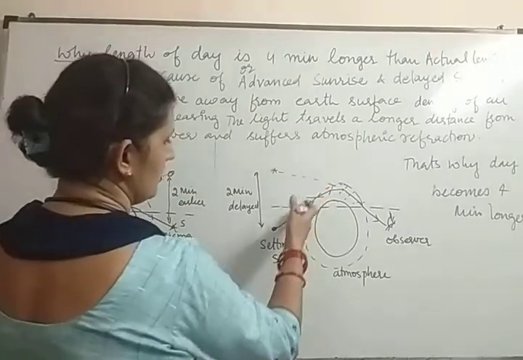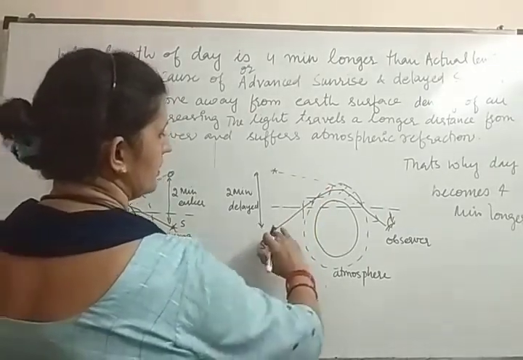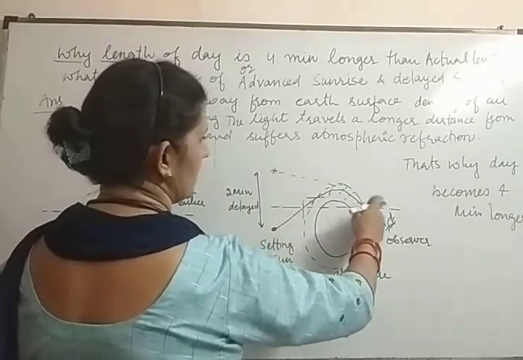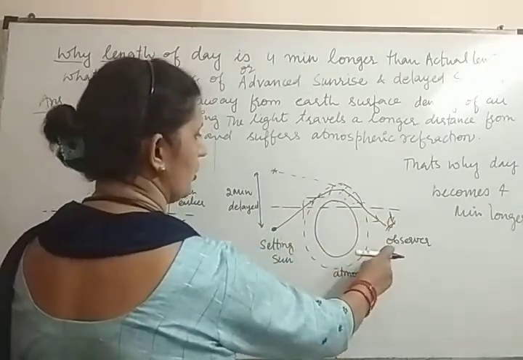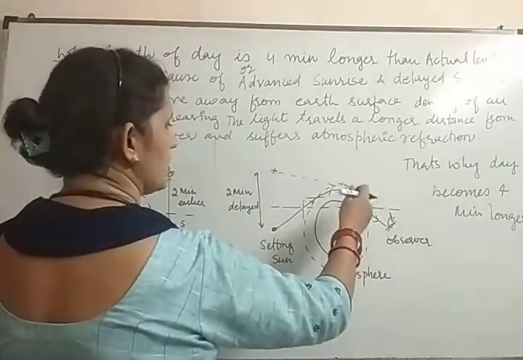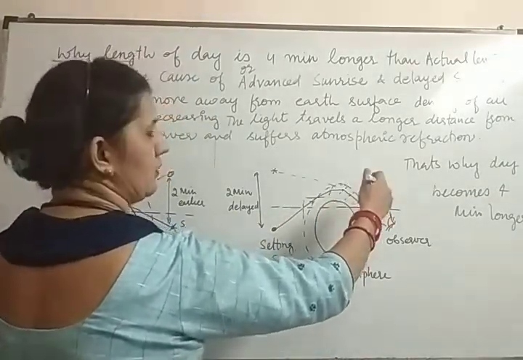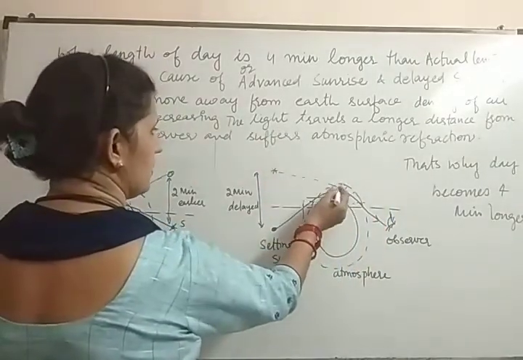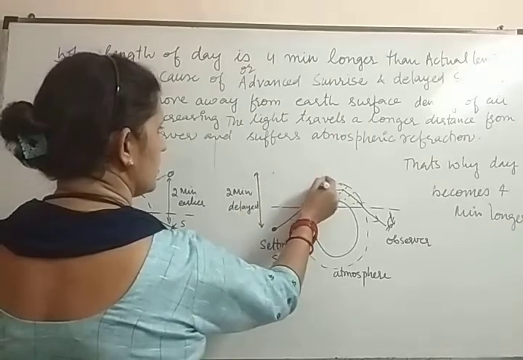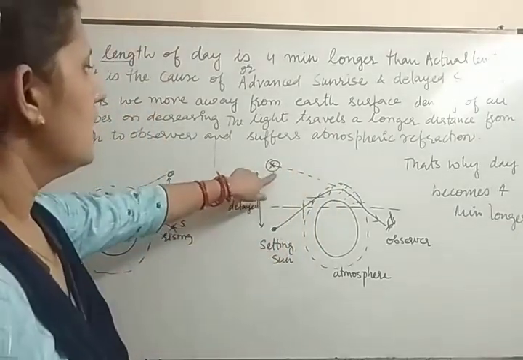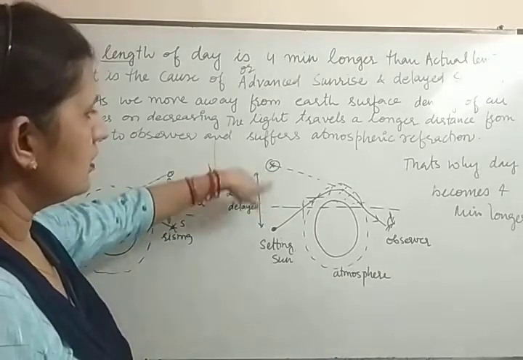Similarly, when the sun sets below the horizon, what happens? The light rays from the sun travel through the different layers of the atmosphere and reach the observer by traveling a longer path, suffering many refractions, and its apparent position is visible even after the sun has set.